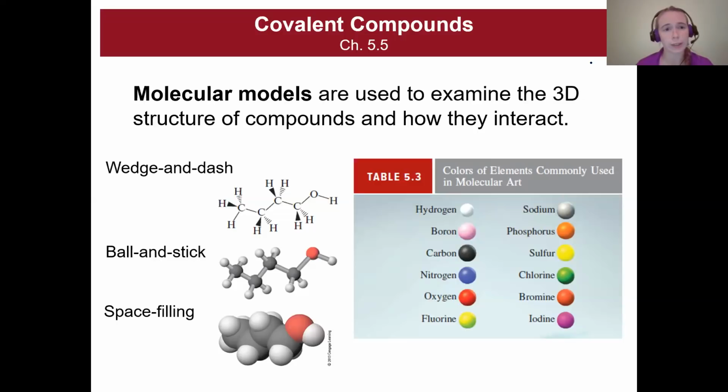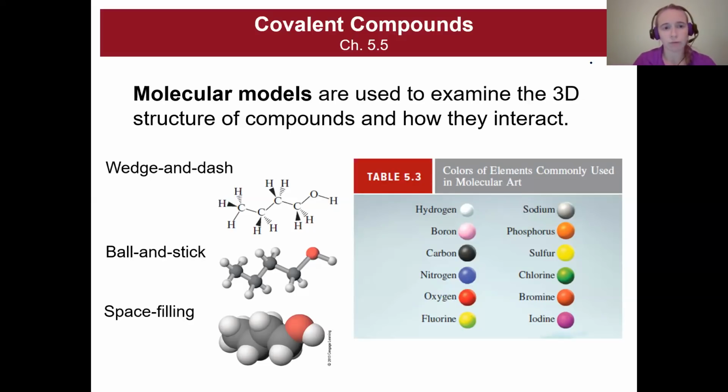So we draw these models because obviously atoms are really, really small. We can't see them, but we do like to visualize the 3D structure of the molecules. We'll go into that a lot more in chapter 6 and 7. But basically, we use these models to simulate the structure of the compounds and also to sometimes look at how they interact with each other.